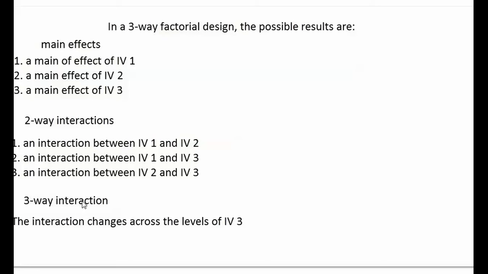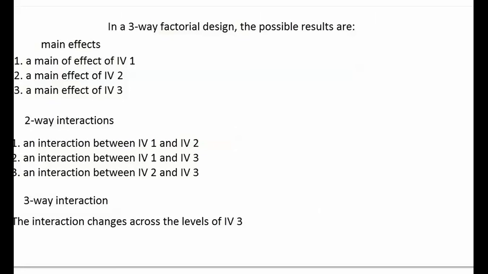And you can have a three-way interaction, which is what we just talked about, which is when an interaction changes across the levels of a third independent variable. Now I'm going to show you how to look at the three main effects, how to look at the two-way interactions, and how to look at the three-way interaction.